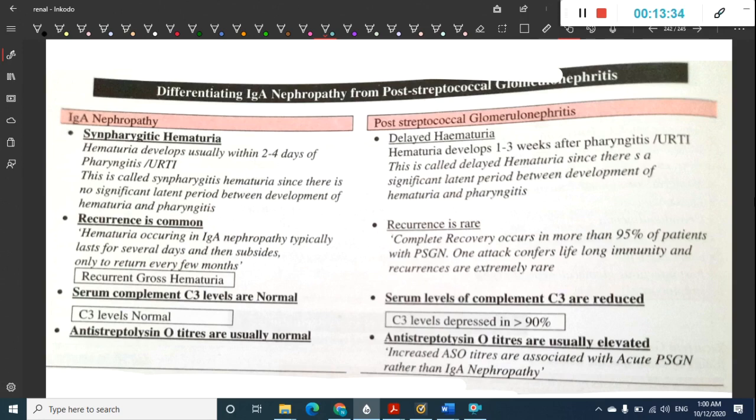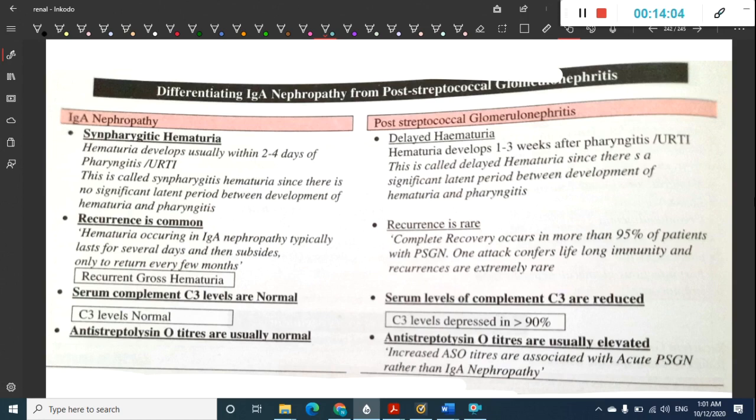Because there is no latent period between the pharyngitis and hematuria, we call it synpharyngitic hematuria. Whereas in post-streptococcal glomerulonephritis, it is delayed hematuria, that is, hematuria occurs 1 to 3 weeks after pharyngitis or upper respiratory tract infection. Here there is a significant latent period between the pharyngitis and hematuria.